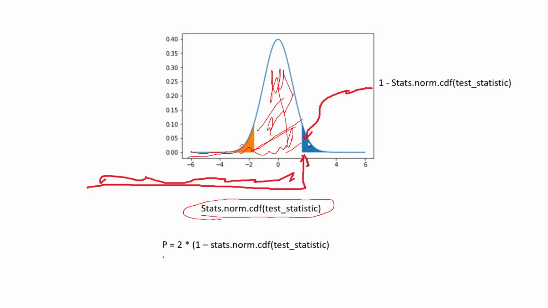The little tail, from this point on, will be 1 minus that probability, right? Because you forget what happened to that point and ask what it would take to build up to 1. Okay, now to get the other side, well, hey, what if this were negative? You take 2 times this, and so p is 2 times quantity 1 minus stats.norm.cdf of the test statistic.